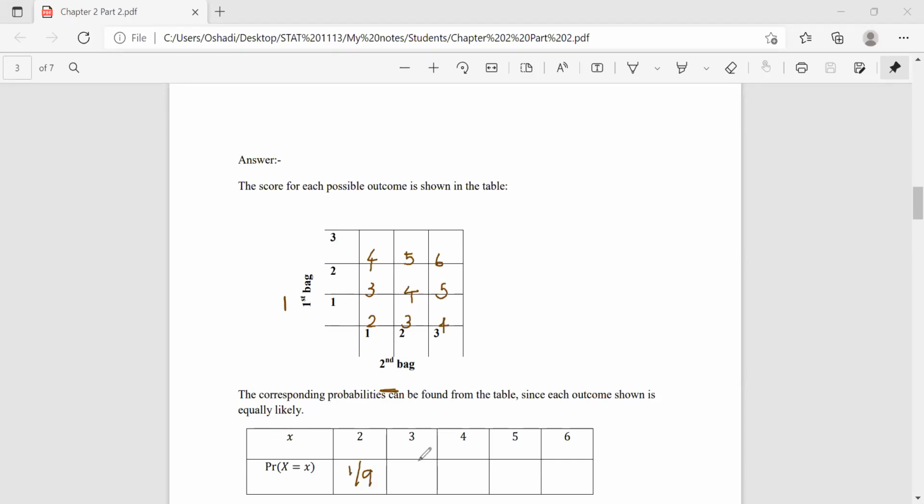And obtaining 3, it is 2 over 9. And obtaining 4, there are 3 possibilities. It is 3 over 9 or 1/3. Obtaining 5, there are 2 possibilities, 2 over 9, and 6, 1 over 9. So this is the probability distribution.